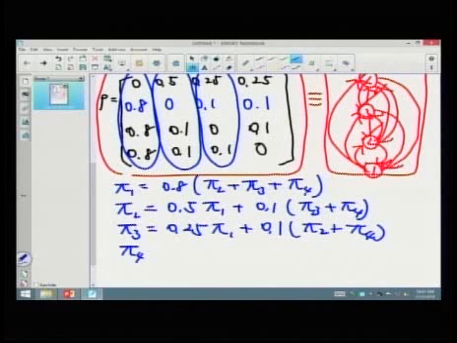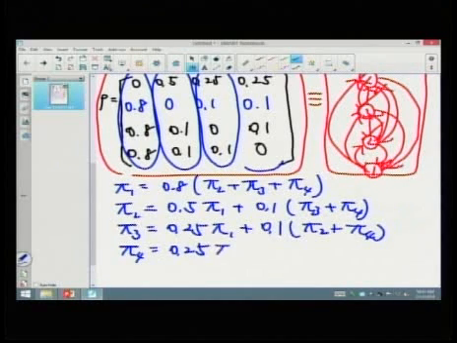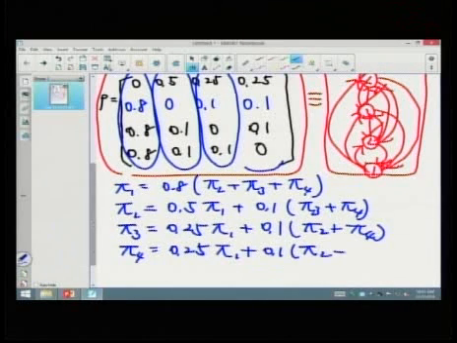And pi 4 is pi times the last column of this P matrix. This is 0.25 pi 1, 0.1 pi 2, pi 3.